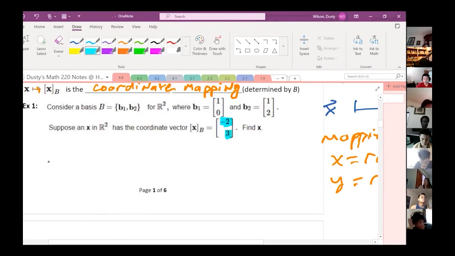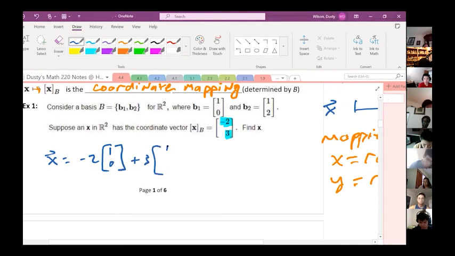And so we would say that x is equal to -2 times b1, (1, 0), plus 3 times b2. Okay, so I think I'm getting (1, 6).